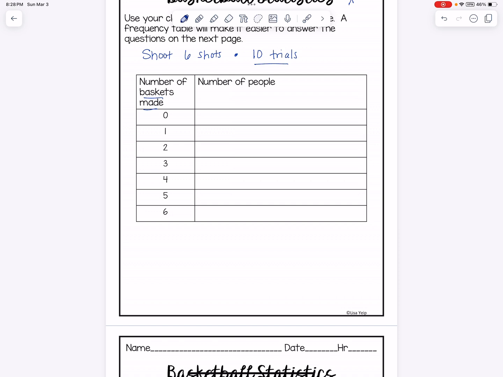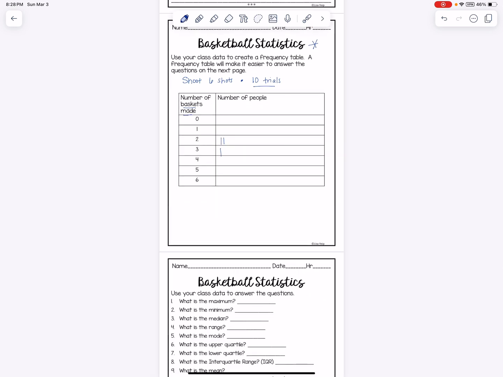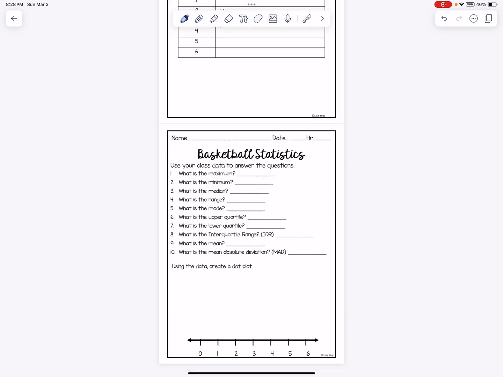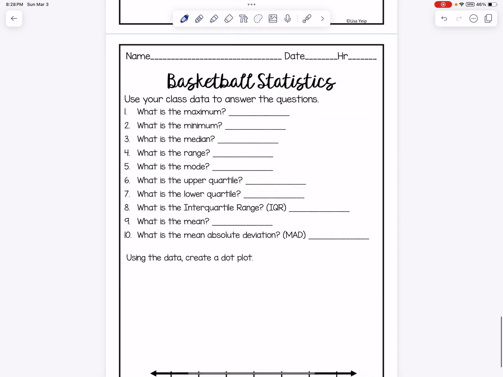So in 6 shots, if you only made it twice, you would put a little tally there for 2 times. If you did another 6 shots and you made it twice, you would put another tally there. If you did another 6 shots and made it 3 times, you would put a tally there, and so on. So you're going to collect your data, and then we're going to go through and complete your statistics.